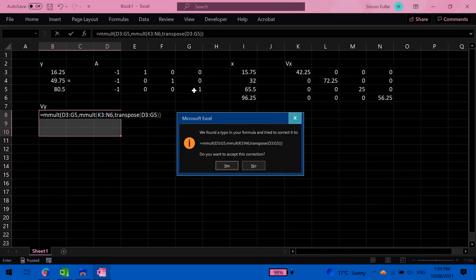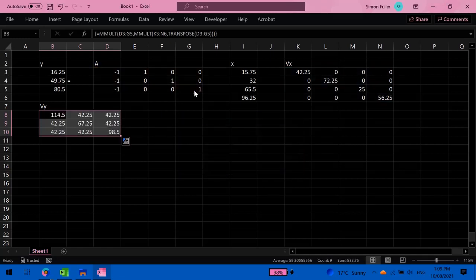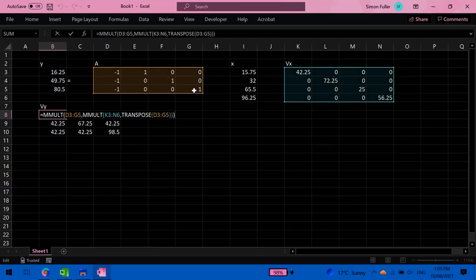Oh, we must have an error somewhere. I've missed a bracket. Let's fix that for me. I needed a third bracket on the end.